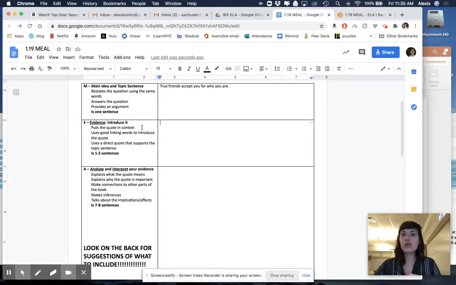If I don't do that, the quote basically doesn't mean anything because I don't know what's happening around it. I don't know what the situation is. I don't know who's involved. In the same way that when you tell a story to your friends, you tell them the lead up of what happened before you get to the big thing, this is the same thing. You have to give some of the background, some of the context.